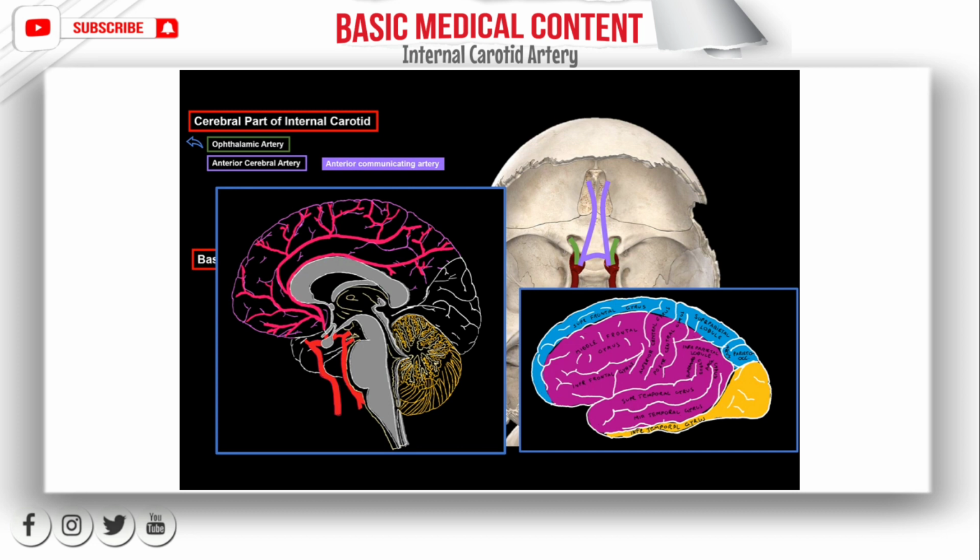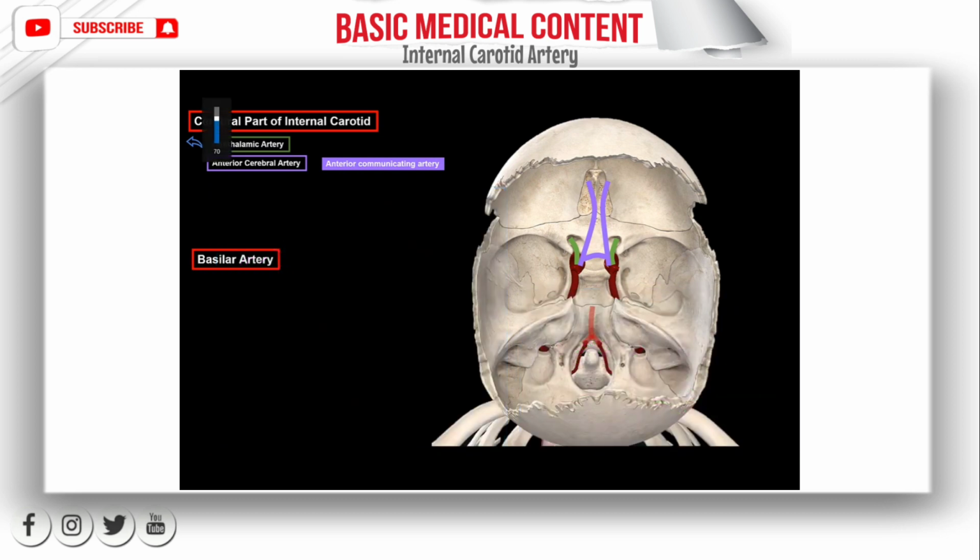That includes the superior frontal gyrus, the superior parietal lobule, and the upper part of the pre- and post-central gyrus. Also a little hard to see here, but it also supplies the straight gyrus, or gyrus rectus, on the inferior surface. So that's this one.